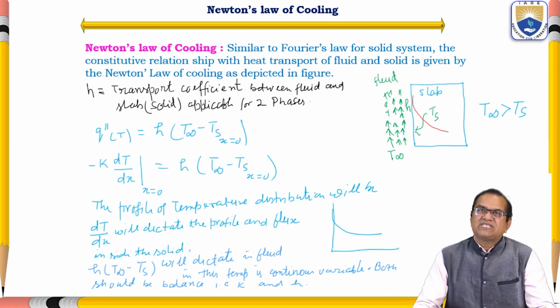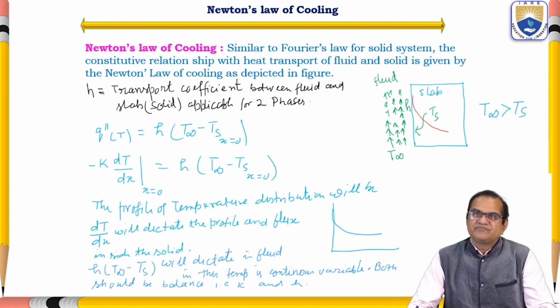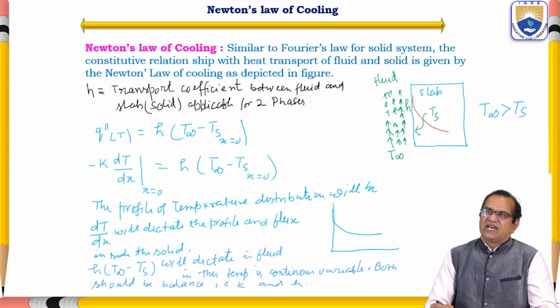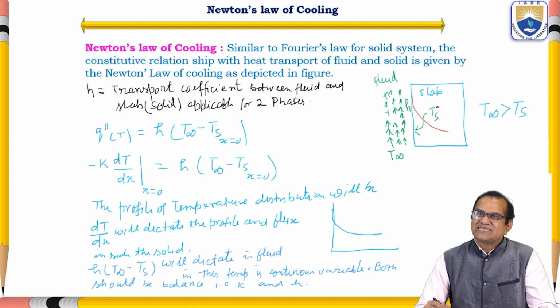So we will see here Newton's law of cooling. Similar to Fourier's law for a solid system, the constitutive relationship for heat transport between a fluid and a solid is given by Newton's law of cooling, as depicted in the figure. Here we have the slab, and the surface temperature is Ts.